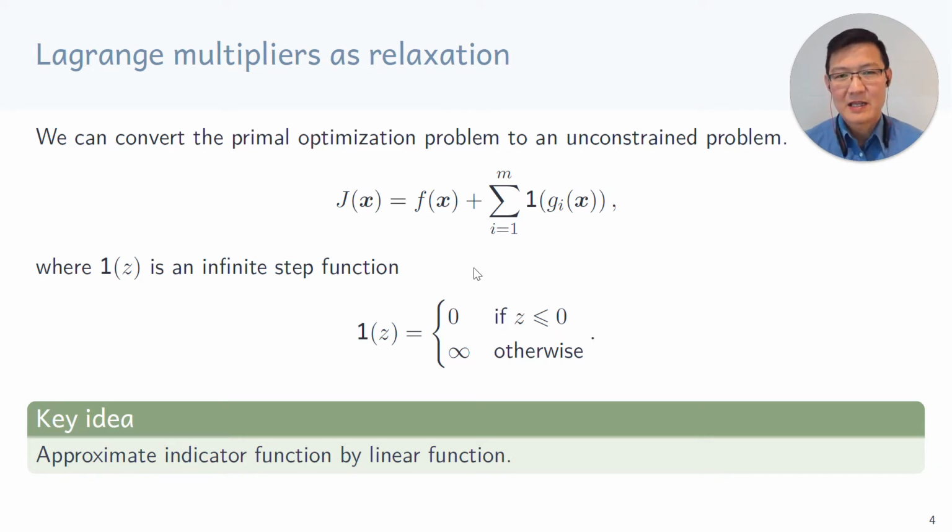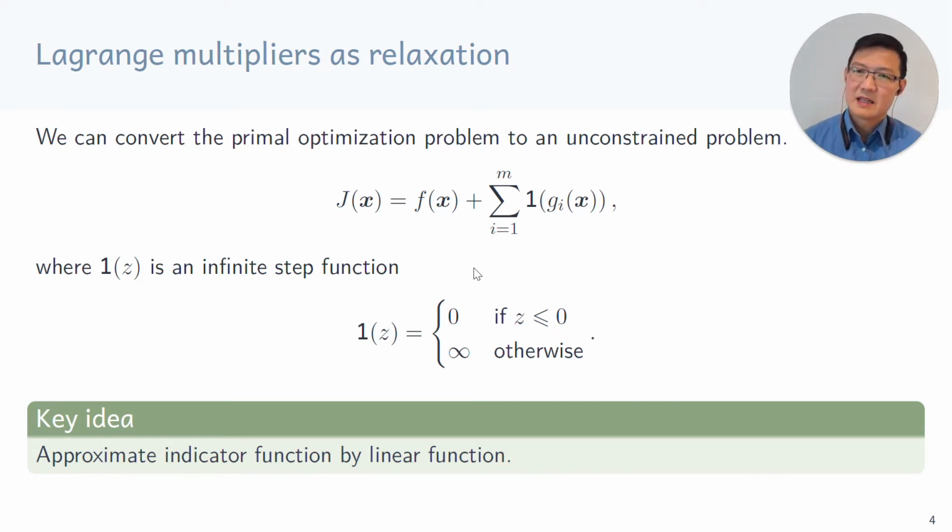We can now combine the objective function f with the constraints g_i in one single optimization problem, written on the top of the slide as J. Now this problem is unconstrained, but it has this really difficult infinite step function. This indicator function makes it very hard to optimize because it's hard to compute gradients, and you end up with a combinatorial optimization problem.